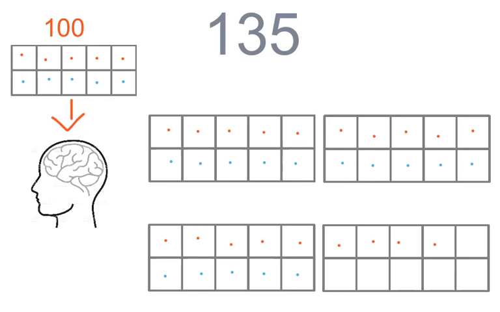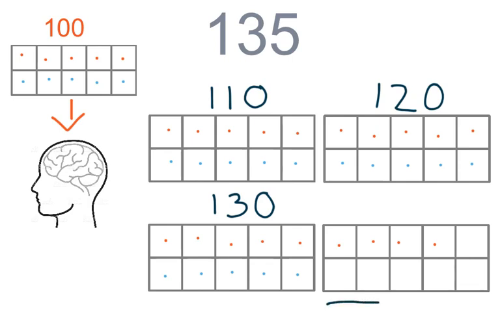Let's put 100 in our head and then count on. 100, 110, 120, 130, stop. We stop because this 10 frame isn't full yet, so we can't count by tens.